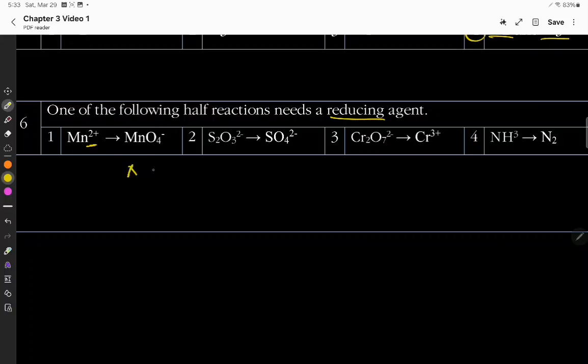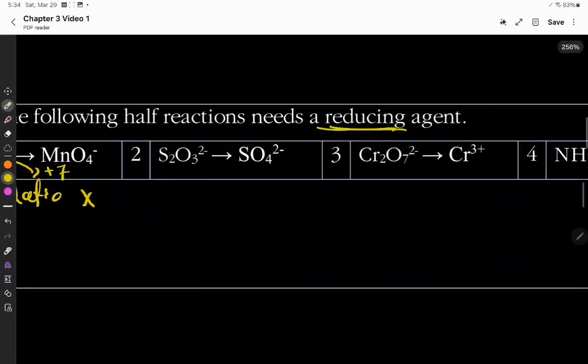If you calculate it, x plus -8 equals -1. So x plus -8 ... that will be 7. In this case, it is +7. Now, from +2 to +7, what happened is oxidation. So did it need a reducing agent? No. Let's look at the second one.